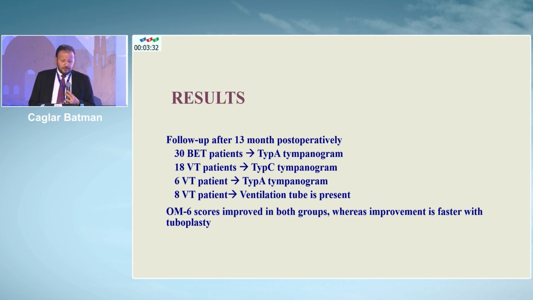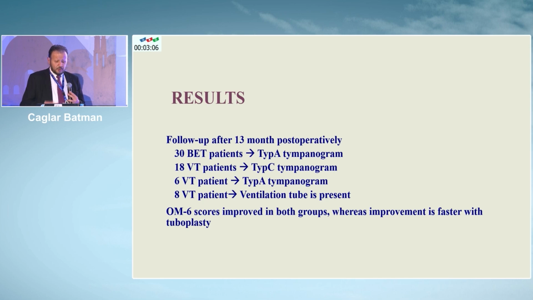So, as a result, follow-up after 13 months postoperatively, 10 Eustachian tuboplasty patients have type A tympanogram, and 18 ventilation tube patients have type C, 6 ventilation tube have type A, and 8 ventilation tube still present.